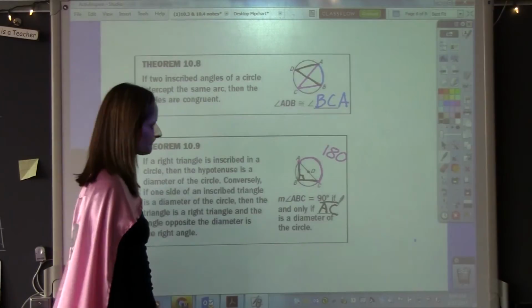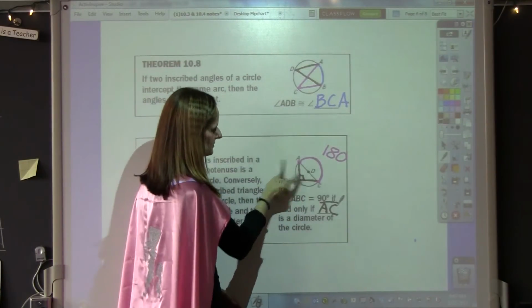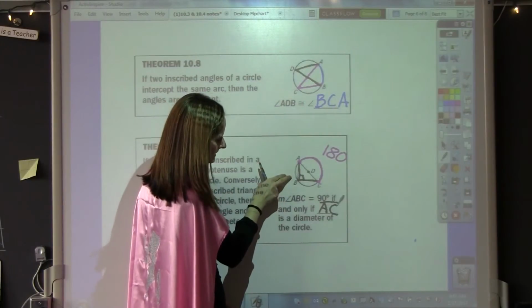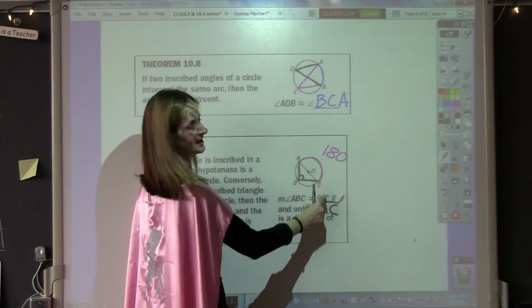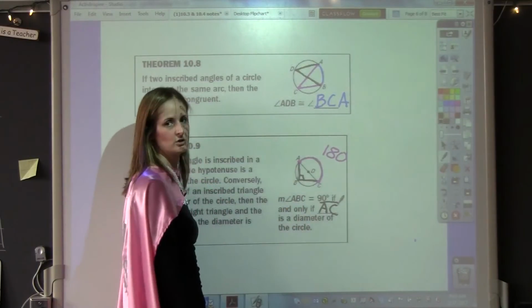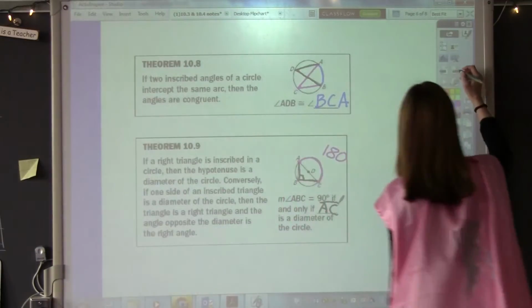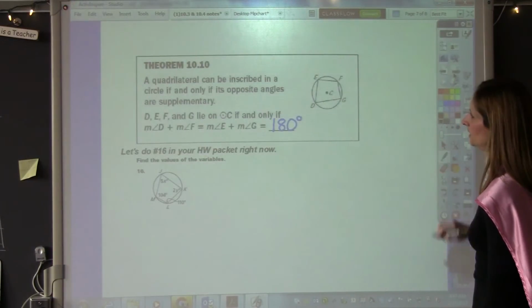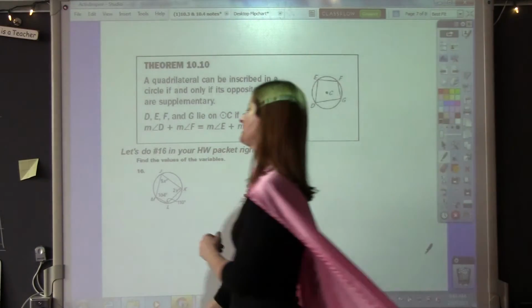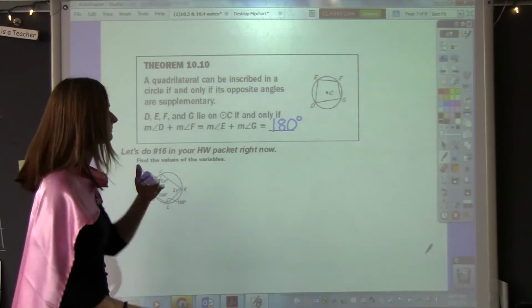Okay, so if the measure of angle ABC is 90 degrees, then this is the diameter. Or if you know that's the diameter, then you know this is 90 degrees. So it's an if and only if. Okay, last one, and then we're going to do an example in your homework packet, just to make sure we understand it.